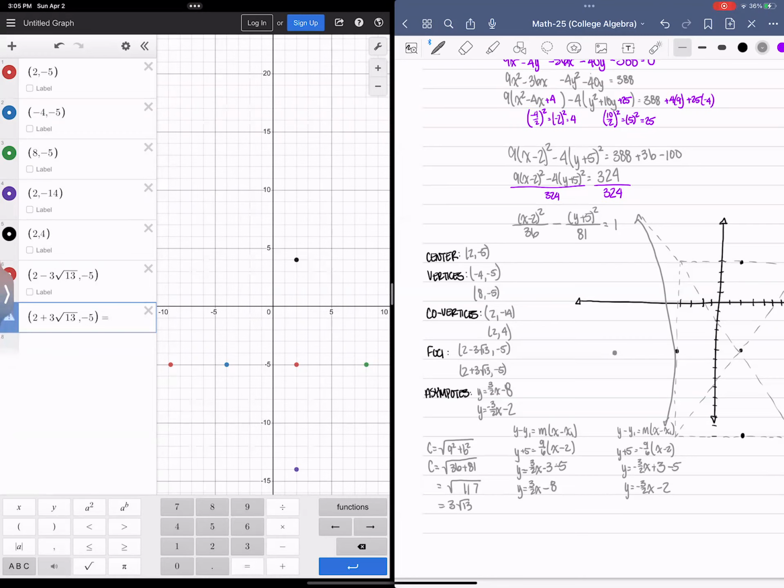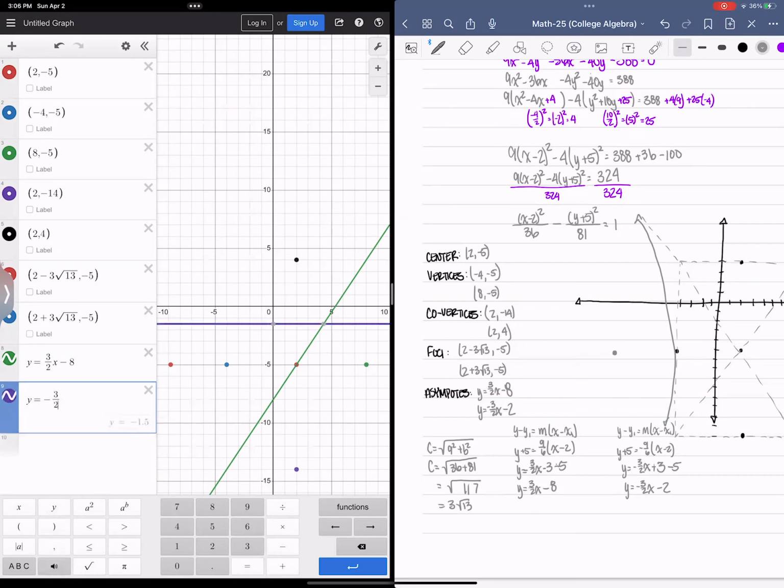And we have these two equations. So y equals 3/2x minus 8. Y equals -3/2x minus 2.